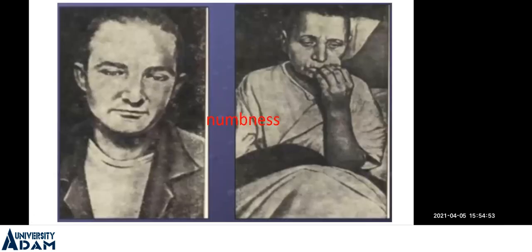For example, stupor. This is when the patient is in stupor, or in English we can translate it as numbness. See the patient's face: there are no emotions, nothing. This level happens mostly because of a psychiatric problem.